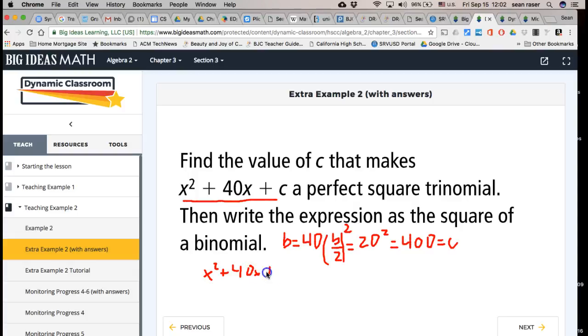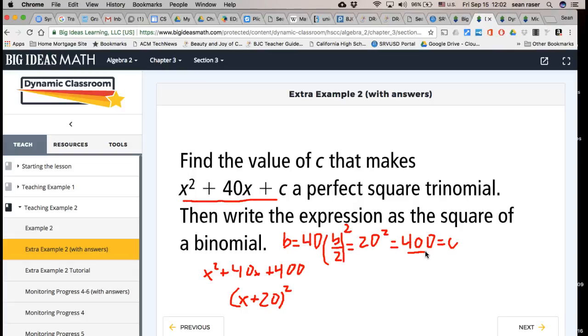To write it as the square of a binomial, we write x plus, because all of our signs are positive, and our b over 2 value was 20, so it's x plus 20 squared. That's another example of how we take our b value, divide it by 2 to get our binomial term, and then square it to get our c value.